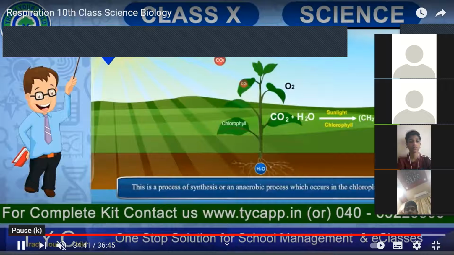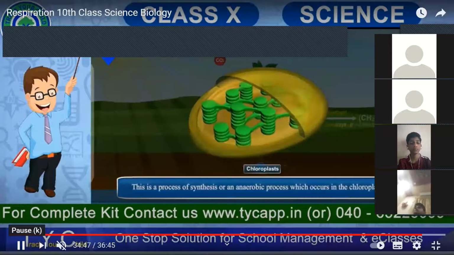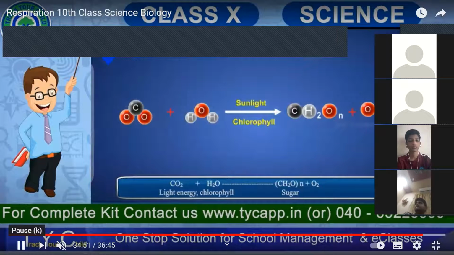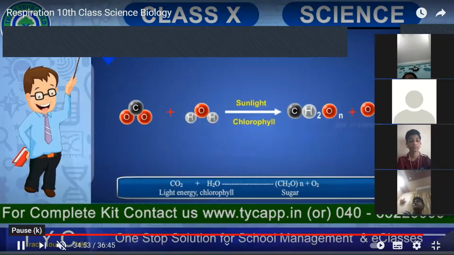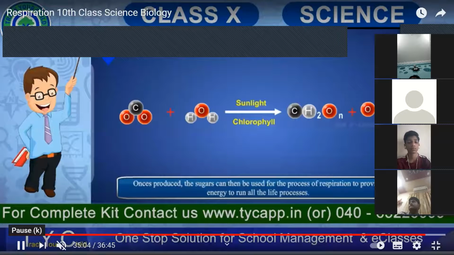Carbon dioxide contains carbon which gets converted into glucose or sugars. This synthetic process occurs in the chloroplast. Inside the chloroplast, carbon dioxide plus water in the presence of sunlight and chlorophyll gives rise to glucose, water molecules and oxygen.